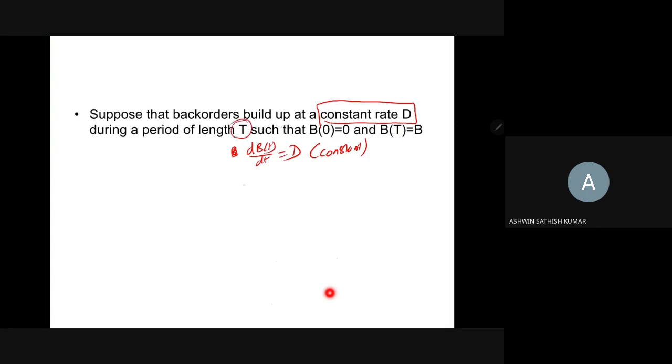During the period length T, initially we have zero, and the maximum allowed back order is B. So, as we proceeded with the holding cost, the shortage cost will become half C2 B into D. That is your total shortage cost.